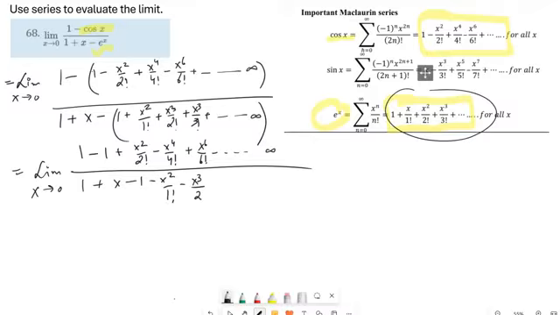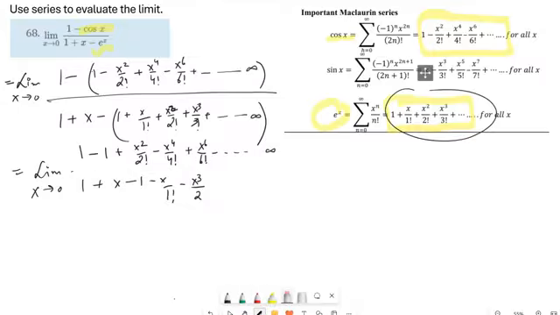Sorry, here I've messed up. This is x squared. So this one is x squared minus x cube by 3 factorial, so on up to infinity.